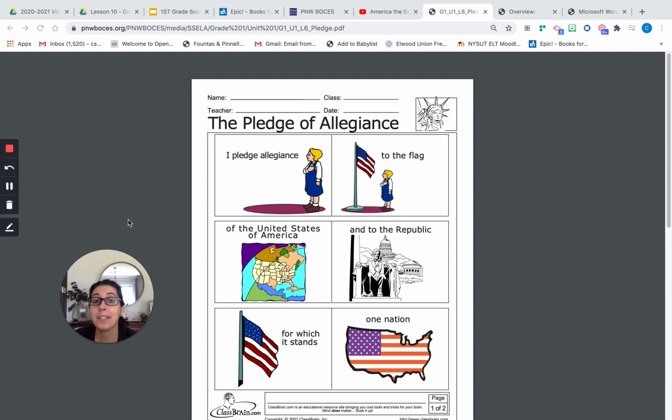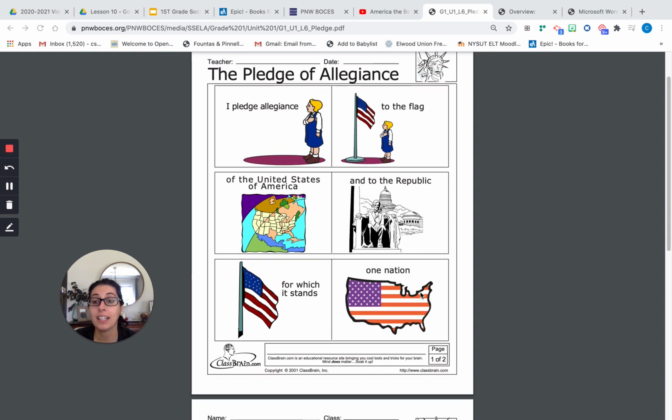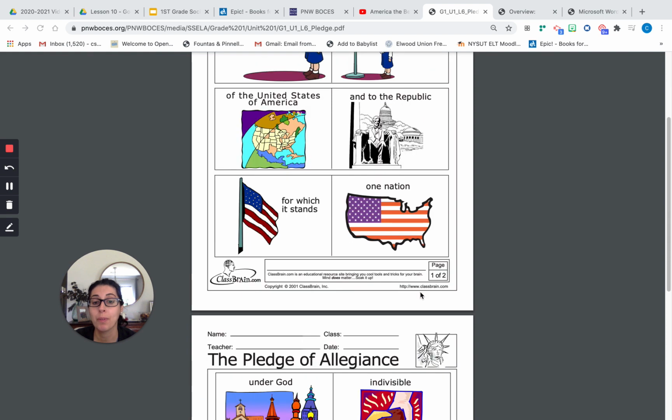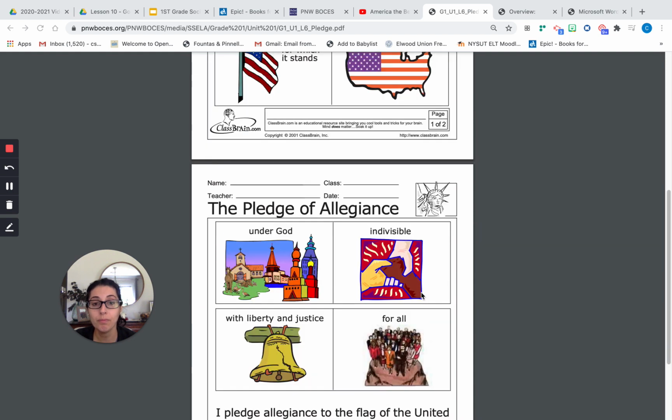All right, now it's time for you to do some activities. So you should have this sheet, the Pledge of Allegiance that we read aloud. You should have this in front of you. Again, it can be found in your Google Classroom if you are learning from home, and your teacher will give it to you if you're learning in school.